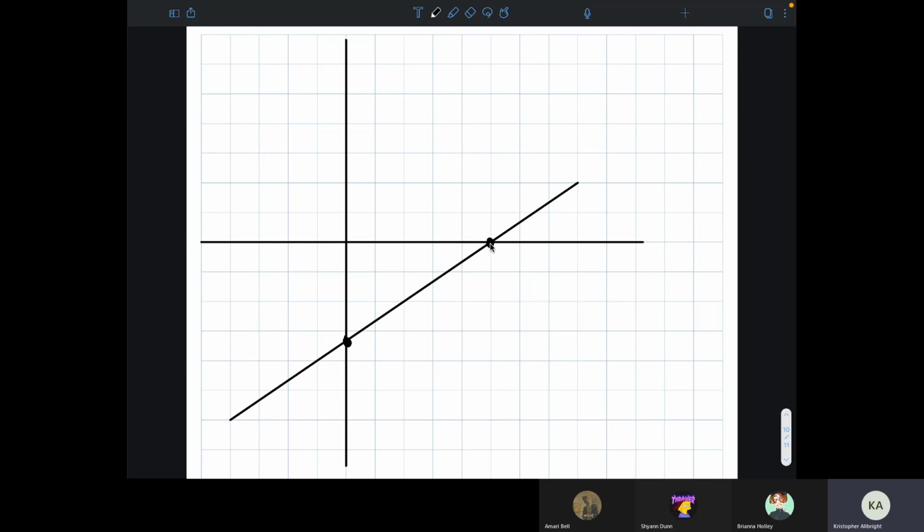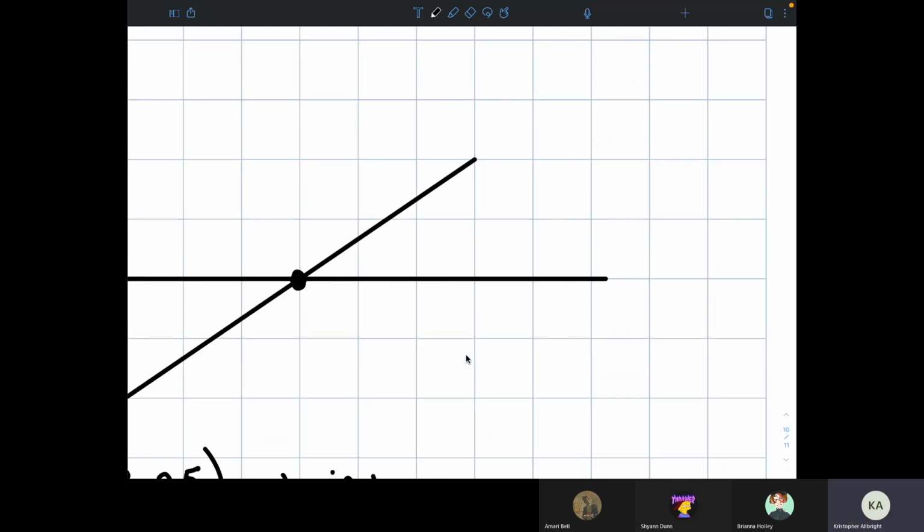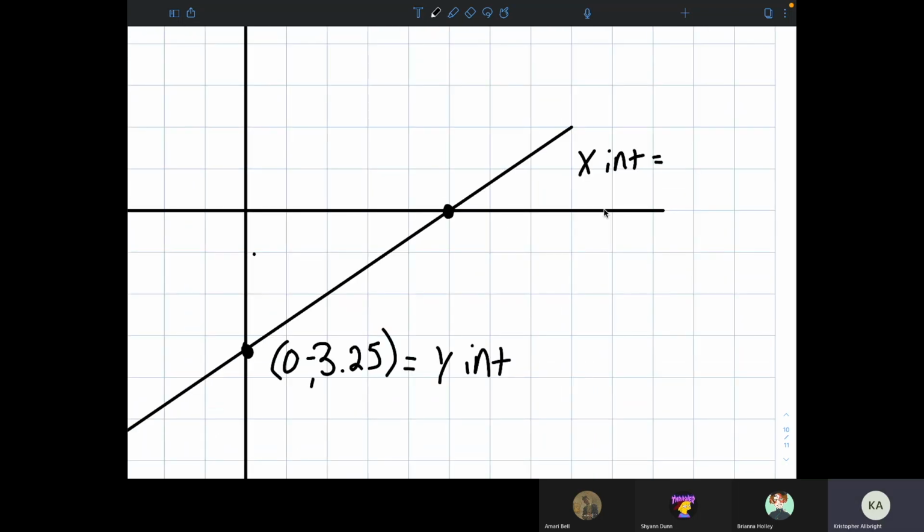If we count down, we go 1, 2, 3, again, 3.25 maybe. And that's negative. So that will be our y-intercept, and then our x-intercept is up here. 1, 2, 3, 4, 5. So it is 5, 0. We just count over to that point, and we plot the point on the graph.